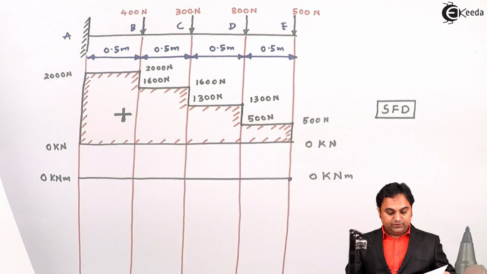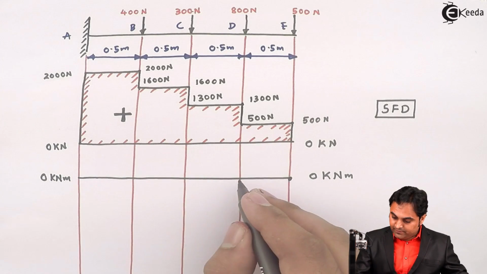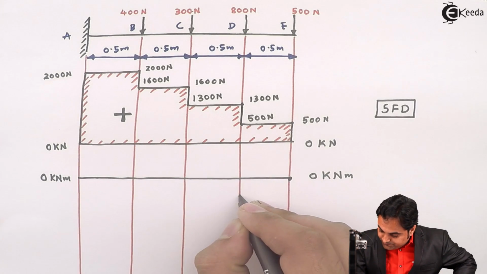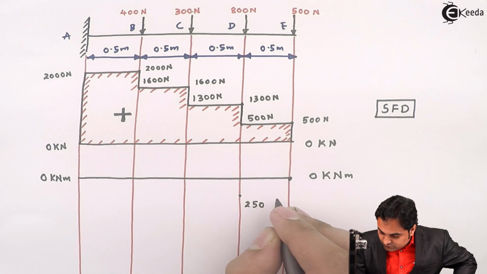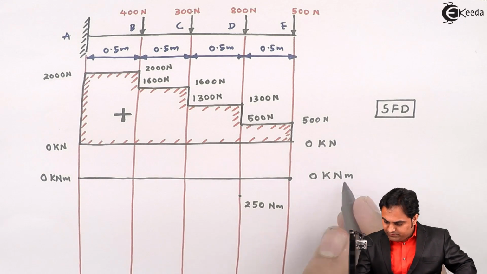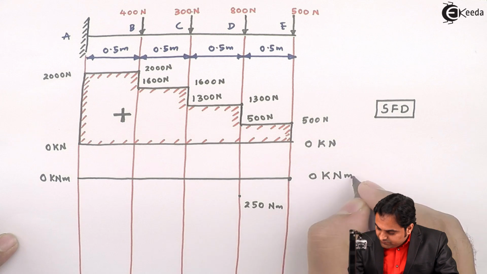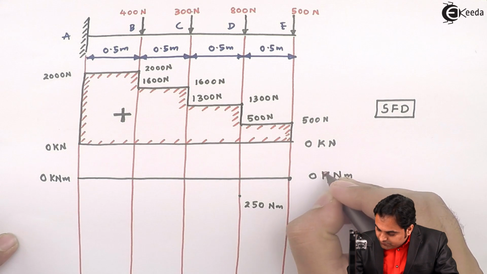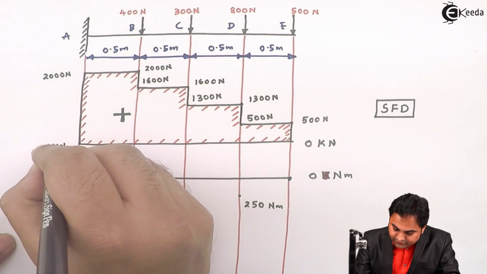At D the value is minus 250, so minus 250 means it will be below this line. Actually these moments are in form of Newton meter, so this is not in terms of kilonewton, actually it is Newton.